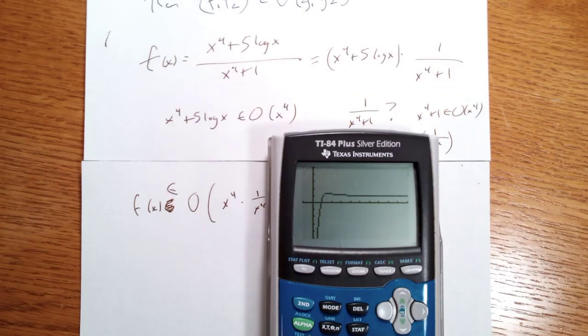There we go. Now, finding witnesses would be a lot more difficult in this case. I could fairly easily say, hey, look, this function's always smaller than or equal to 2. So there's my witness. k equals 1, C equals 2.